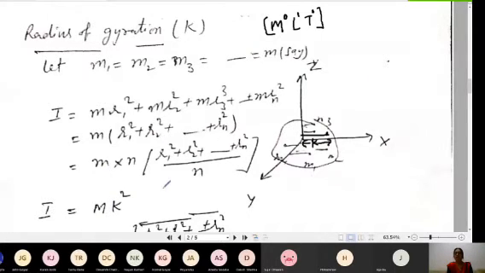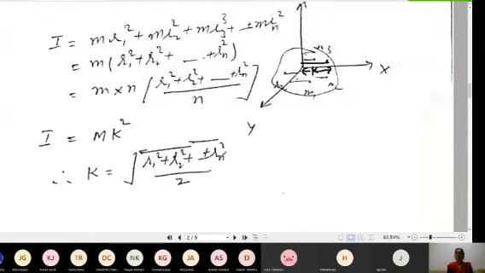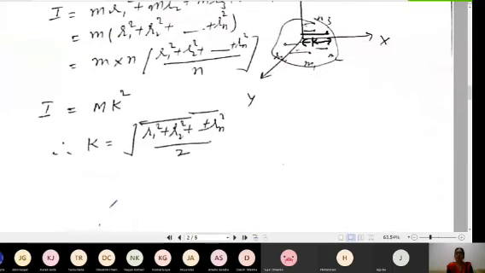So this value has to be equal to k square by the definition, and then I can write the value of k, which comes out to be the square root of R1 square plus R2 square plus so on Rn square, divided by n. So this is the second definition for the radius of gyration. It is the RMS value.